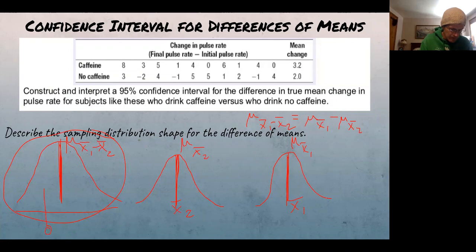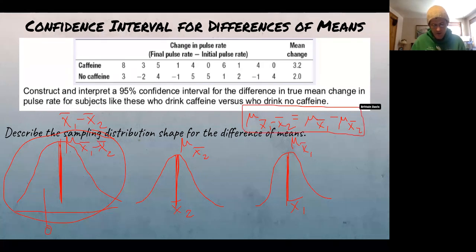So now we're looking at x bar sub 1 minus x bar sub 2 as where that falls. The center is going to fall right here. We just take our two means and subtract them, and that's where our population would end up. We're going to see that again in a minute.